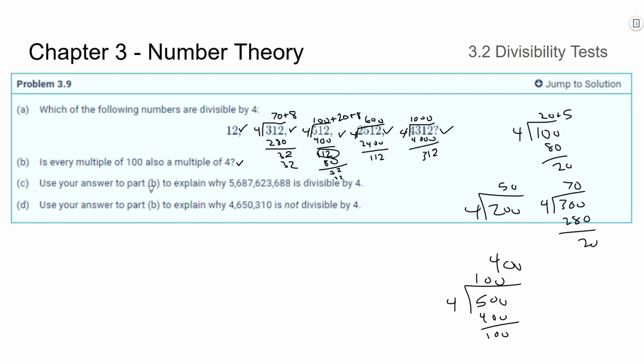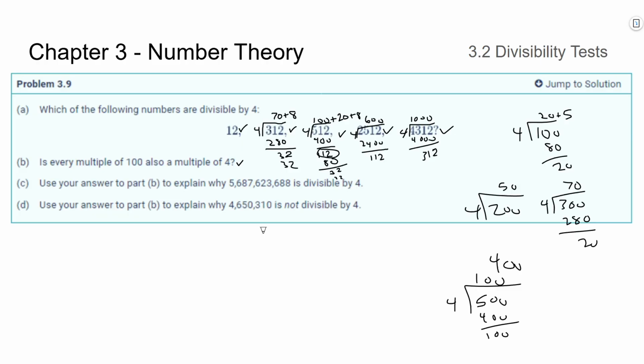Okay, use your answer to part B to explain why all of this stuff is divisible by 4. Okay, interesting. So we know from B that every multiple of 100 is divisible by 4. So we know that 700 would be divisible by 4.